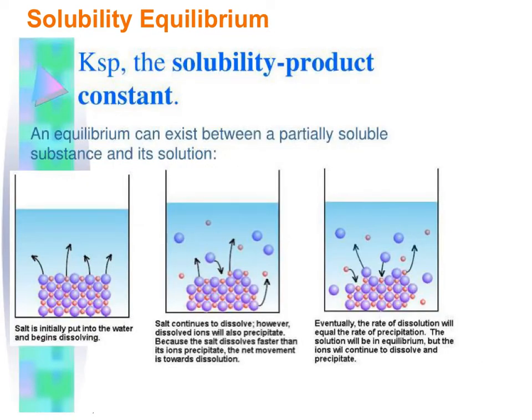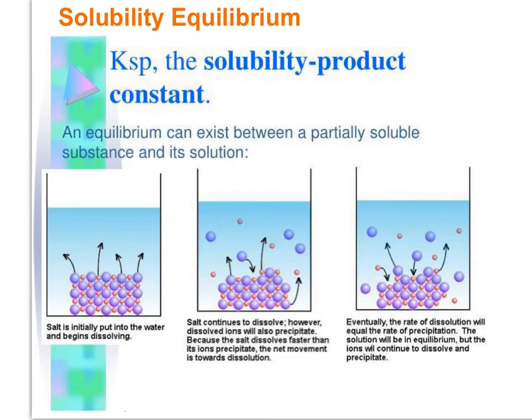Just to visualize what's going on, as I said in the last slide, in the beginning, when you put a solid ionic substance in water, it's going to start dissolving into the individual ions. The cations and anions are going to be escaping into the aqueous solution, being solvated by water molecules.